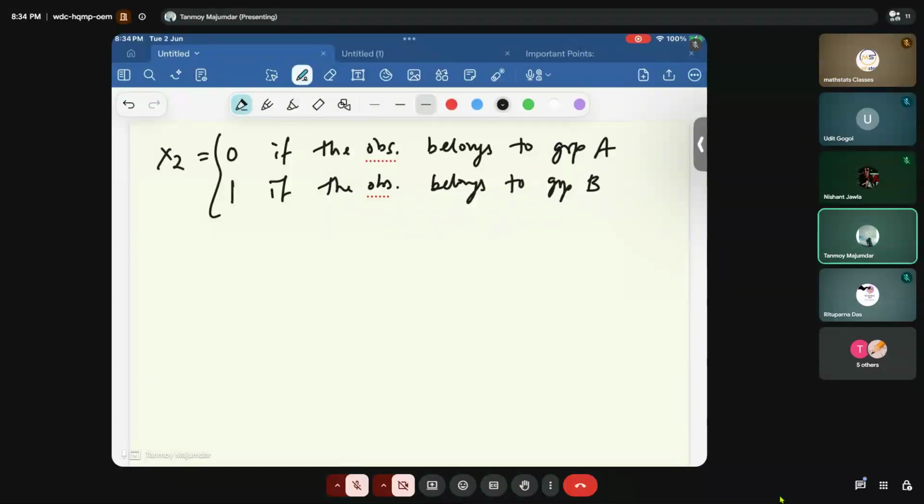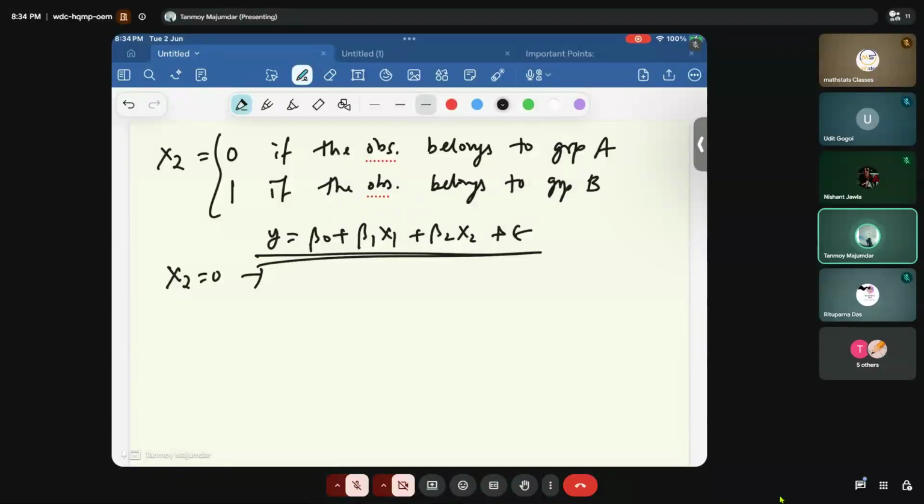Okay. So now suppose if x2 equals 0, then what will be the model? The model is y equals beta naught plus beta 1 x1 plus beta 2 x2 plus epsilon. So if x2 equals 0, that model becomes y equals beta naught plus beta 1 x1 plus epsilon. तो वो जो हम लोग सोच रहे थे कि अगर 0 होगा कोई y का वैल्यू, then what will be the interpretation or requirement of beta 2?